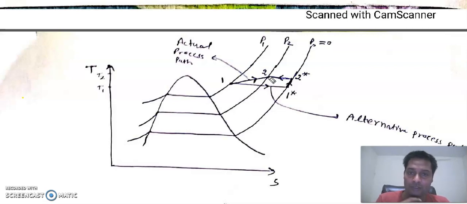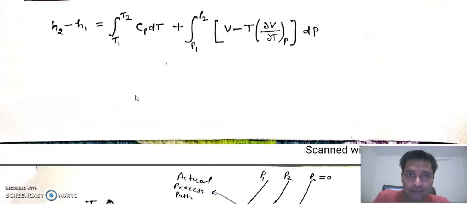When the system changes from state 1 to state 2, we need to calculate the change in enthalpy during this process. Now we can do this with the help of this equation.